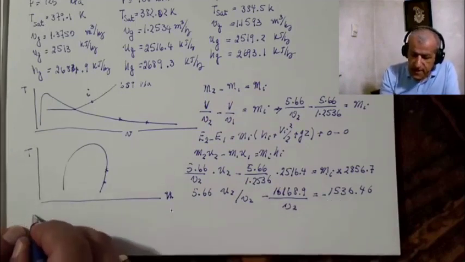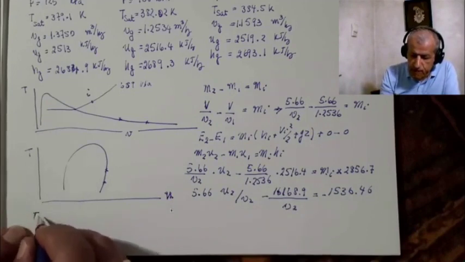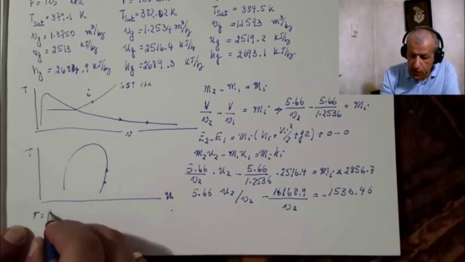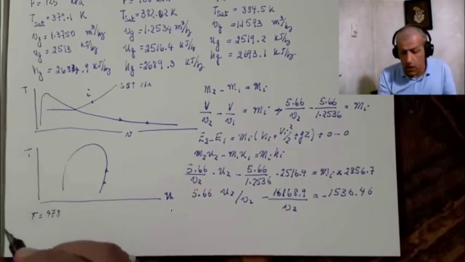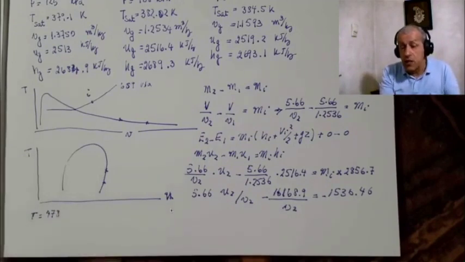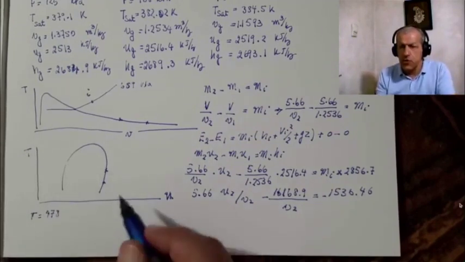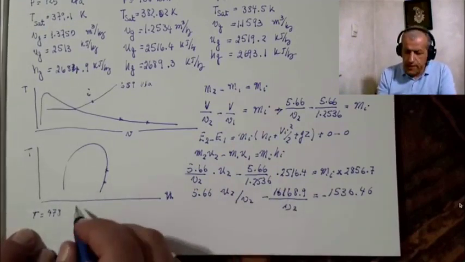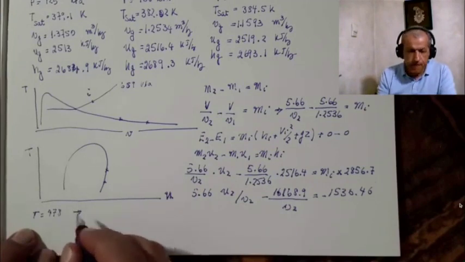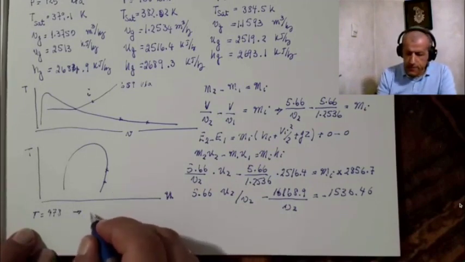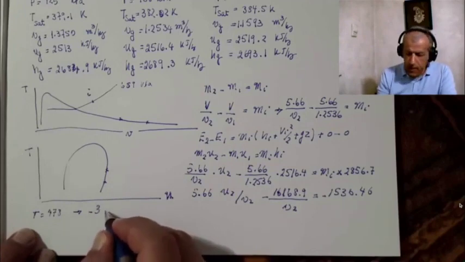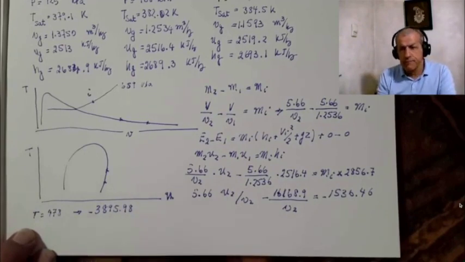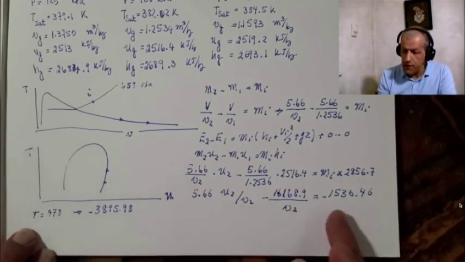So if I select the point at T equals 478, which is our initial point, find values for U2 and V2, and replace them in this equation, the outcome would be minus 3895.98. So it is wrong.